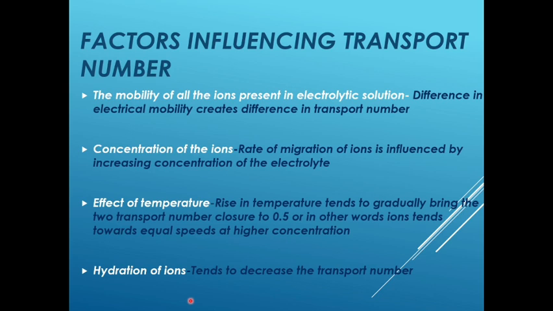Next is the concentration of the ions. Transport number depends on the concentration. The rate of migration of ions is influenced by increasing the concentration of the electrolyte. There is a formula given by Jones and Dole.